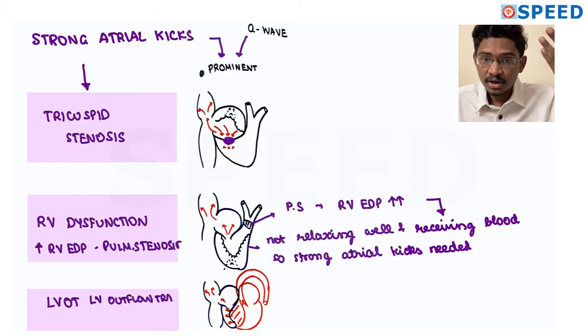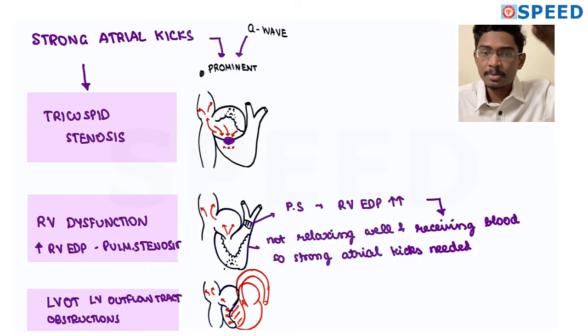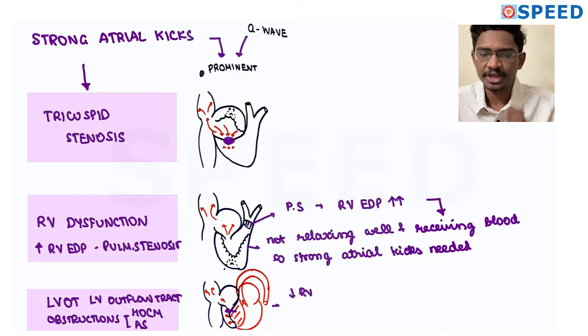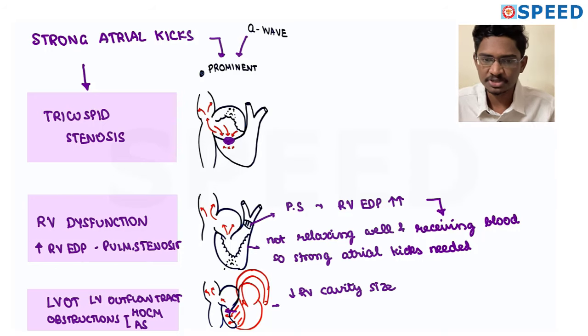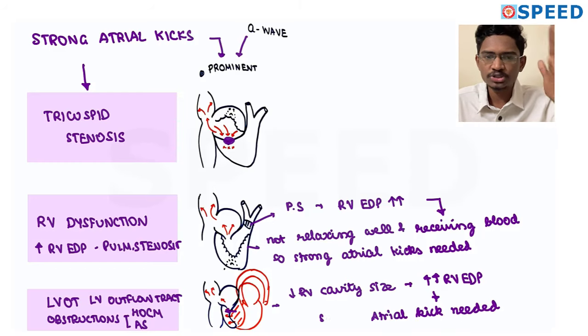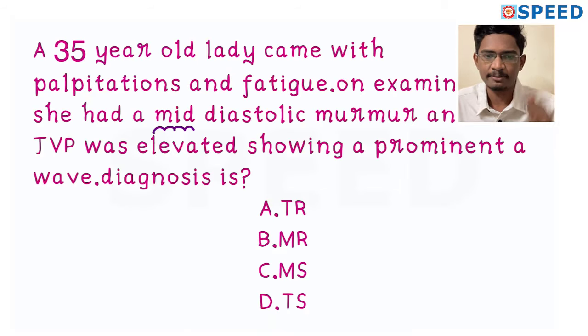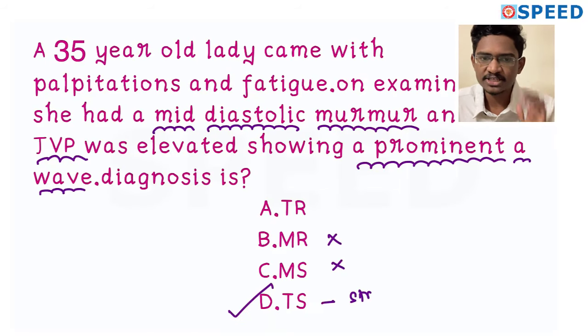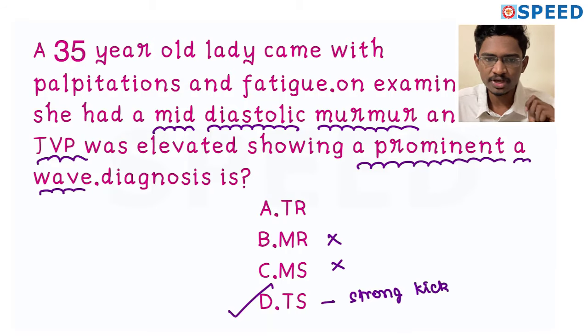So the right atrium should pump effectively so that blood comes from the atrium to the ventricles. So in LVOT obstructions like AS and HOCM, you can see prominent A waves. So all these are the causes of prominent A waves in JVP. So the answer to this question is definitely tricuspid stenosis.